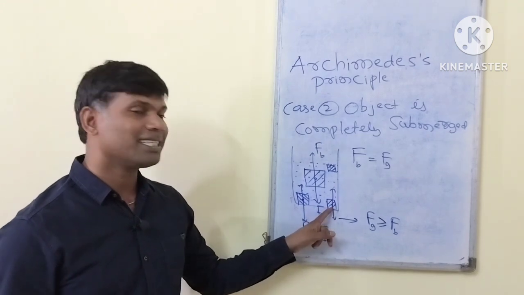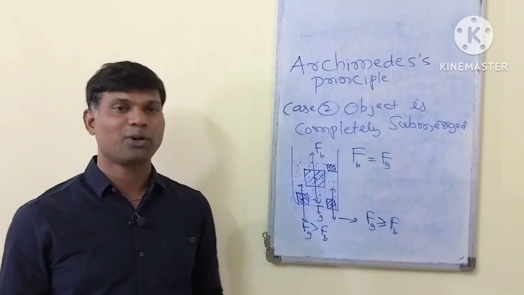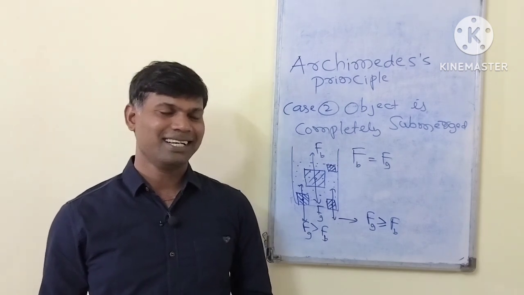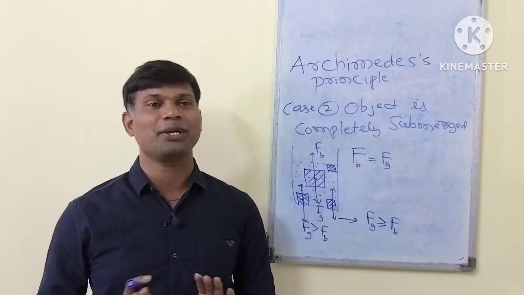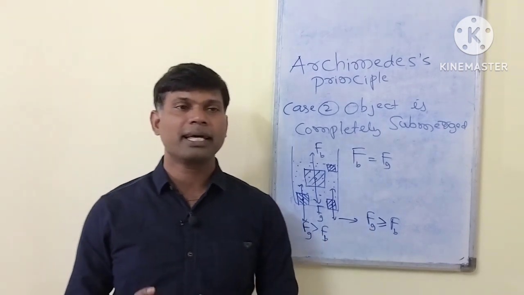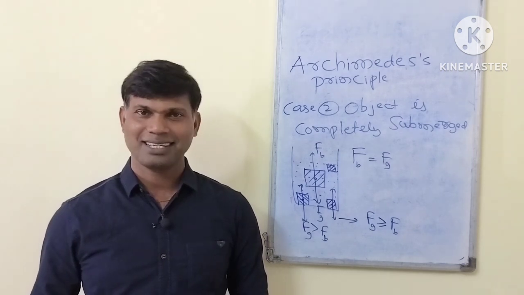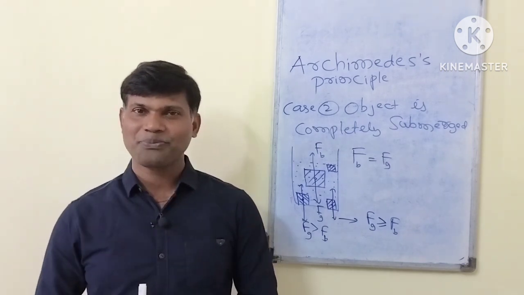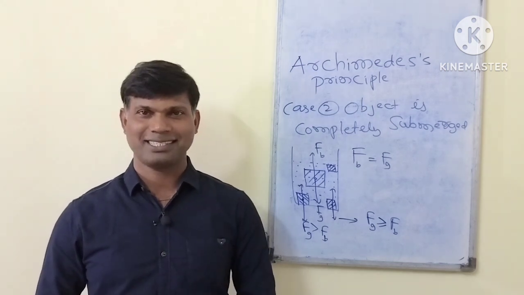In this case, Fg may be greater than Fb or equal. If Fg equals Fb, the normal reaction force is 0. If Fg is greater than Fb, there is some normal reaction force. Clearly you understood, no? The Archimedes principle and two different cases.